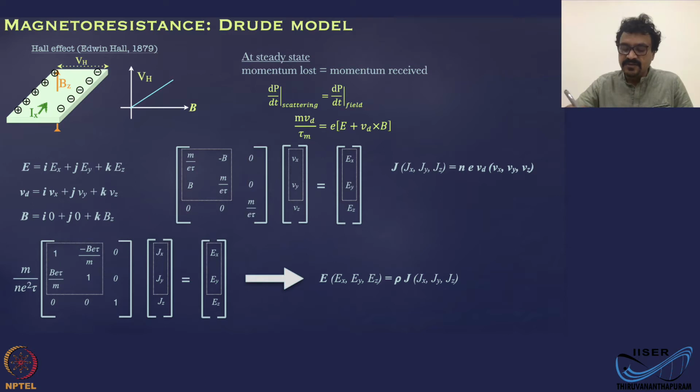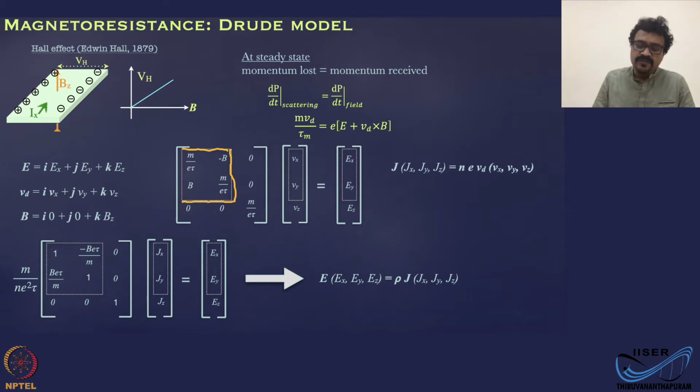I have marked a small 2 by 2 square matrix inside this. That is what is going to be relevant for a two-dimensional system. Eventually, that is what is going to decide the whole voltage and Hall effect, because the moment you apply a magnetic field, all the action of the electron happens in the plane, whereas the direction parallel to the field is not going to get affected by the field. So there you will not see an effect of the field in that component.